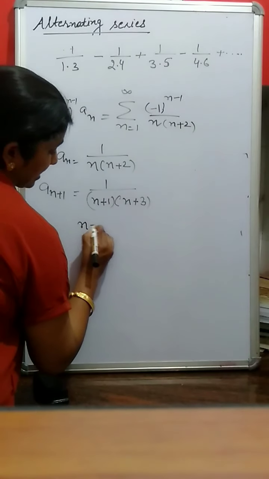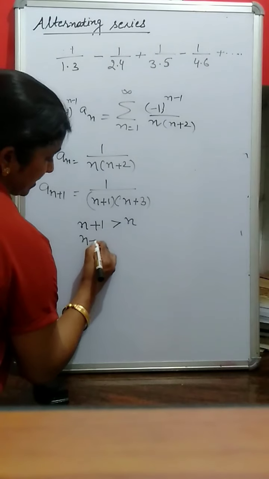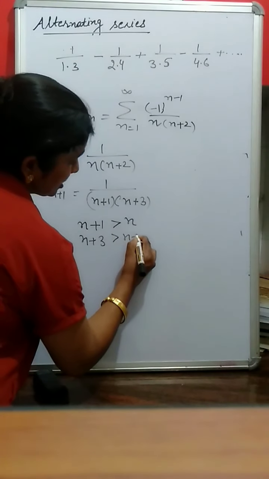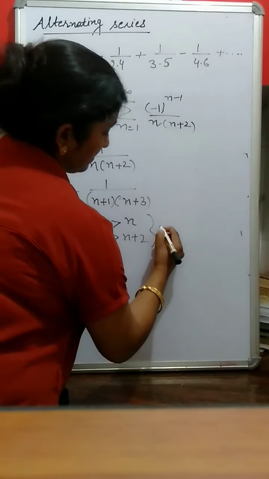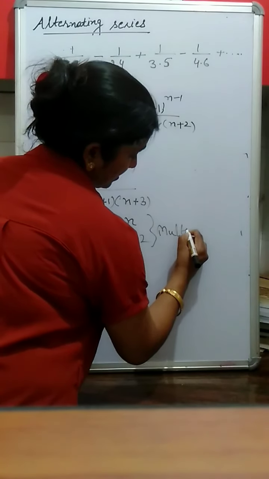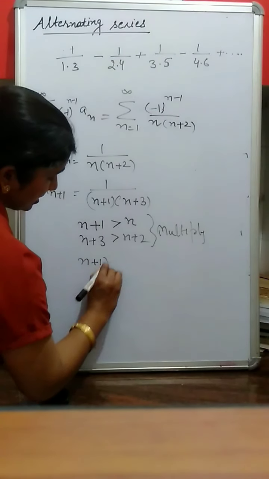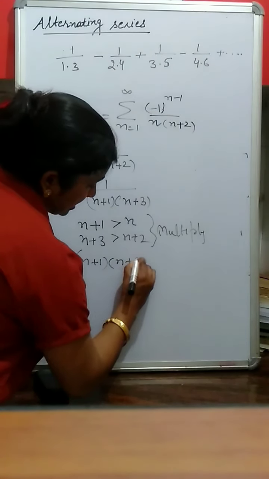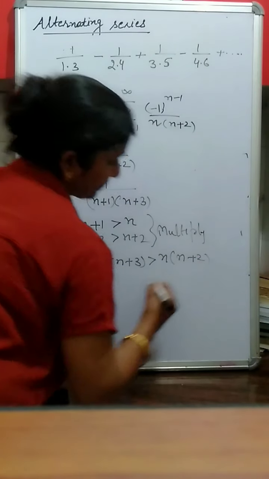Clearly the first factor n+1 is greater than n, and the second factor n+3 is greater than n+2. It is very clear. When we multiply both, we have (n+1)(n+3) is greater than n(n+2).